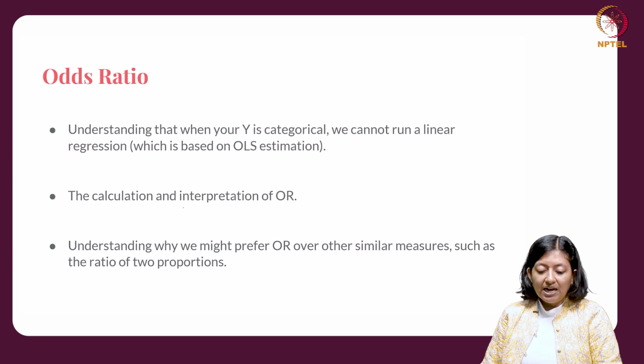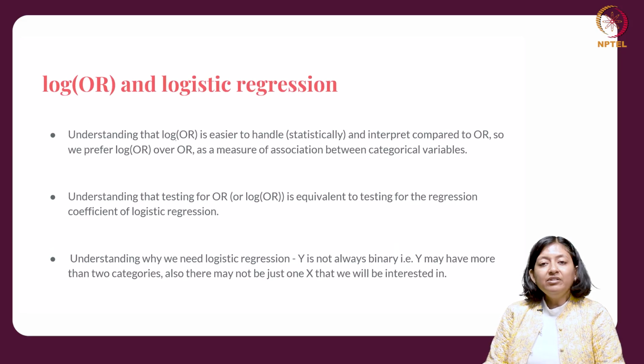So for that, we needed to learn one new measure called the odds ratio. And we have seen whenever log odds ratio is positive, it indicates a positive association between the two features. If it is negative, it indicates a negative association between the two features. And whenever it is 0, it indicates that the two features of interest are independent.